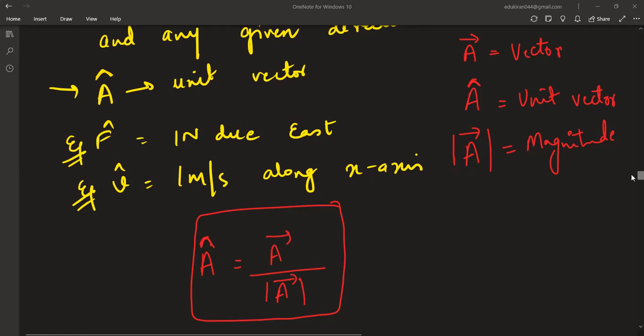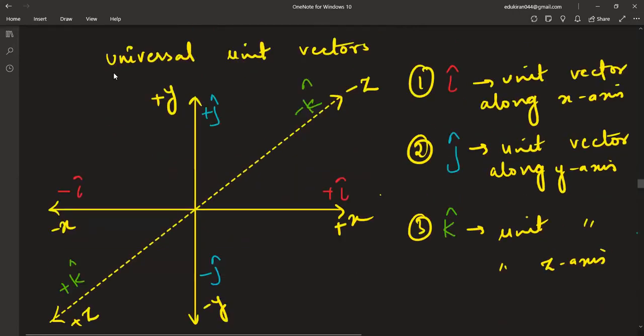Now see, there are certain universal unit vectors which are present along the axes to represent the direction. See, these are all your axes. For the x-axis, we have the unit vector i cap. If it's the positive x-axis, that becomes plus i cap. If it's the negative x-axis, that becomes minus i cap.